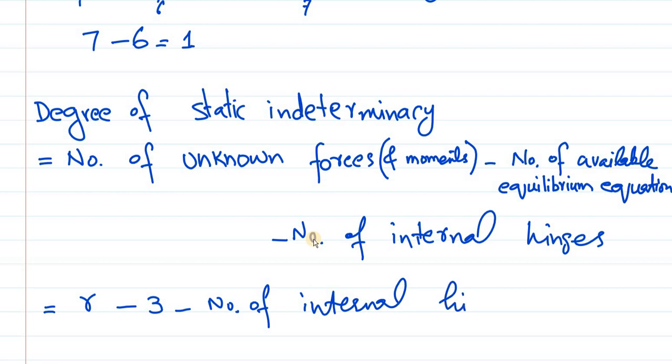You may remember this equation in this format. So the degree of static indeterminacy is equal to R minus 3 minus the number of internal hinges, where R is the total number of unknown forces.